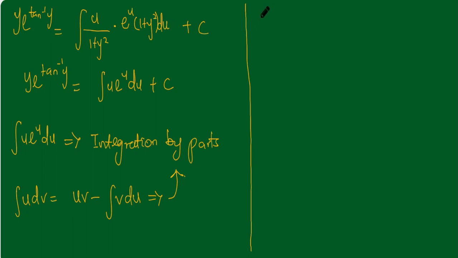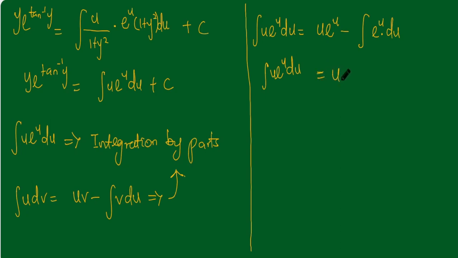On applying that, we have the integral of u e raised to power u du to be equal to u e raised to power u minus the integral of e raised to power u du. So on doing this, we have the integral of u e raised to power u du is equal to u e raised to power u minus e raised to the power of u.